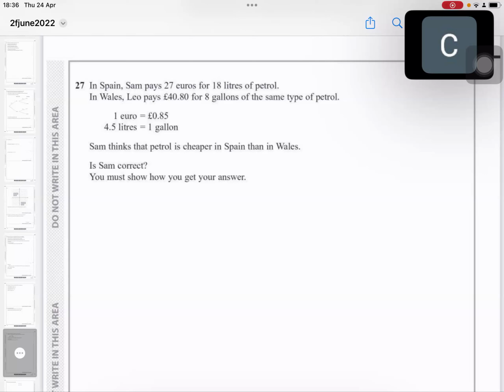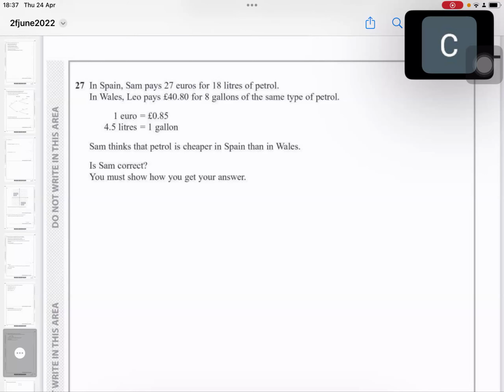And for Leo, 40.8 divided by 36. Then we'll compare both values and see which one is actually smaller.